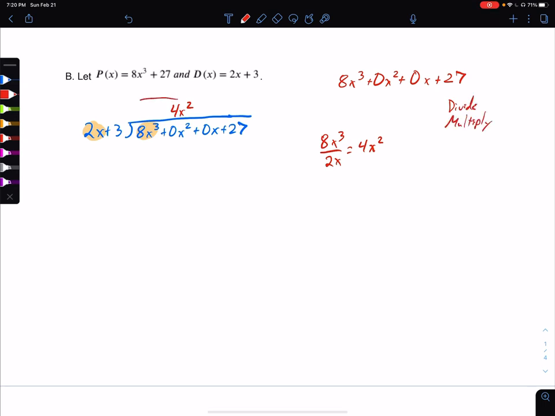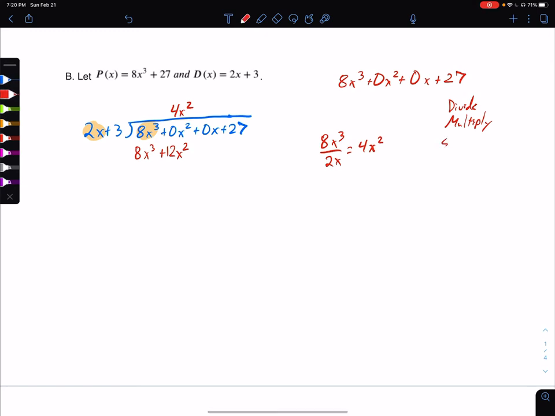So that 4x squared is going to get multiplied by this entire term here. 4x squared times 2x is 8x cubed. These two match, which they're supposed to. And then 4x squared times 3 would be 12x squared. These degrees should match. So we're in good shape.